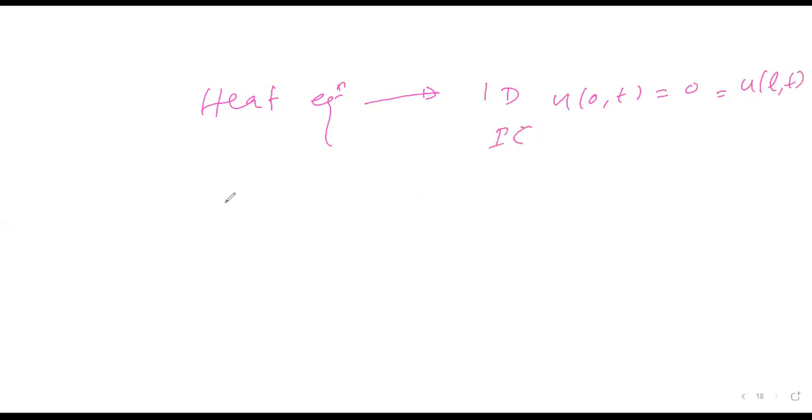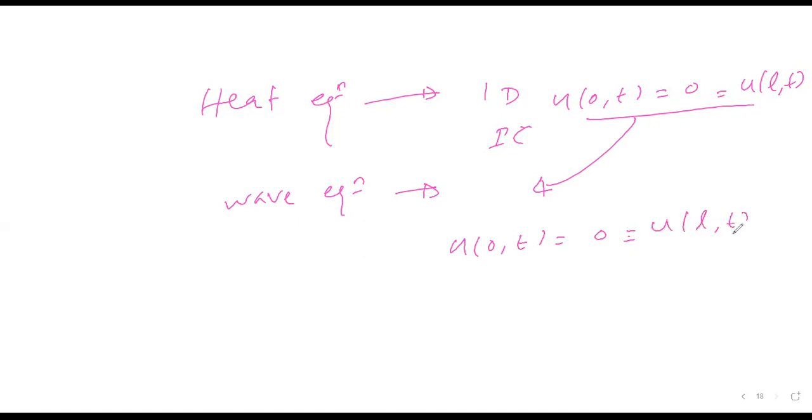But in the wave equation, since it has two second order derivatives, they may give you boundary conditions for this one as well as this also, u(0,t) equal to 0. One boundary condition, but two initial conditions.